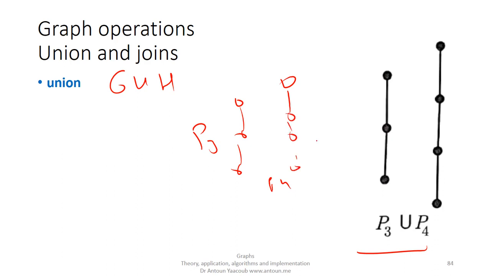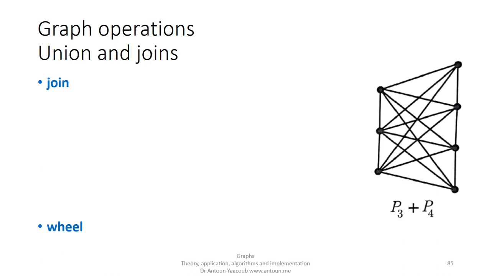So union, I just put them next to each other. There's nothing more than that. So join is a bit more difficult or more complex to do. We say that the join of disjoint graphs G and H, denoted G plus H, is formed by appending to the union of the two graphs the edges where one vertex is in the first graph and the second vertex is in the second graph.